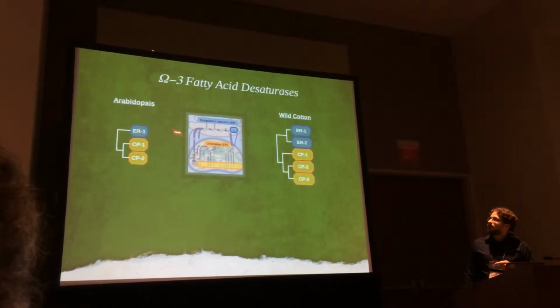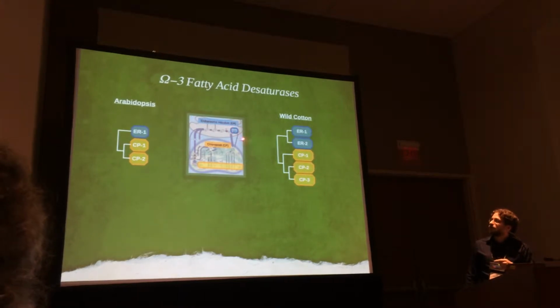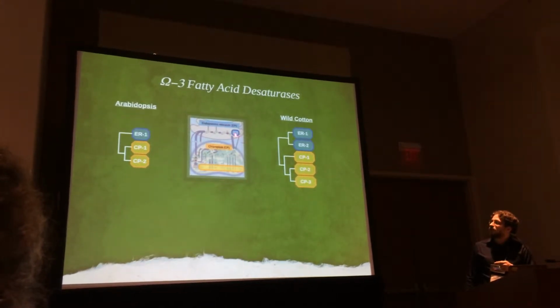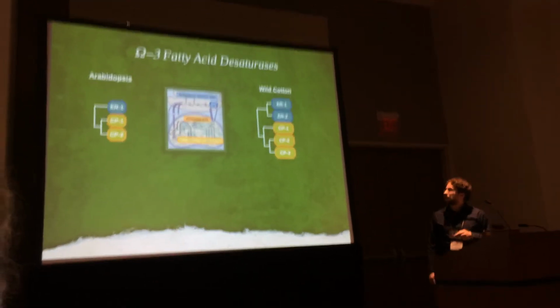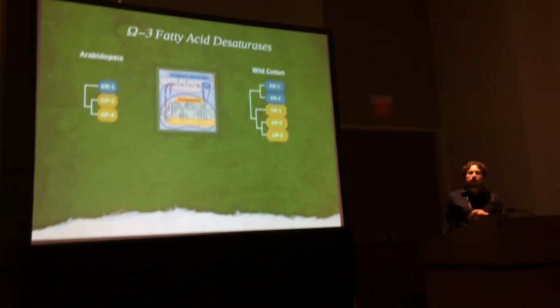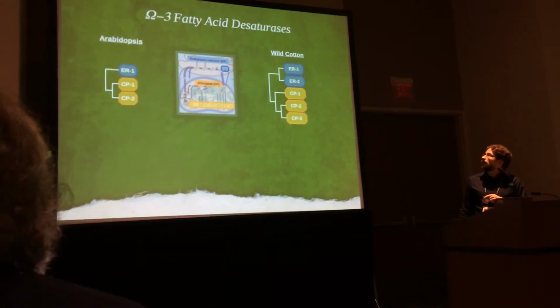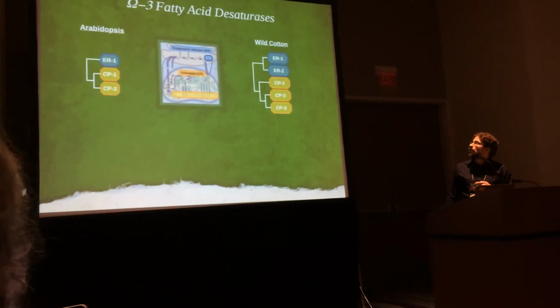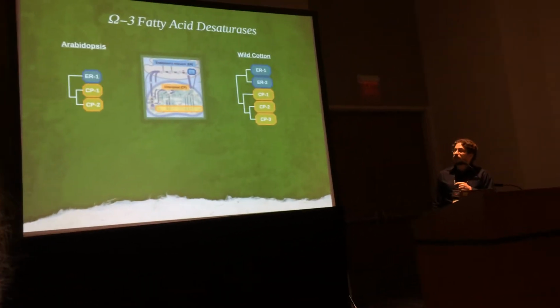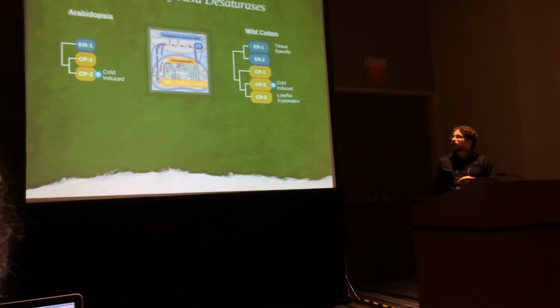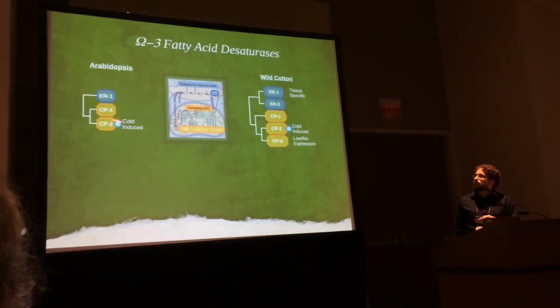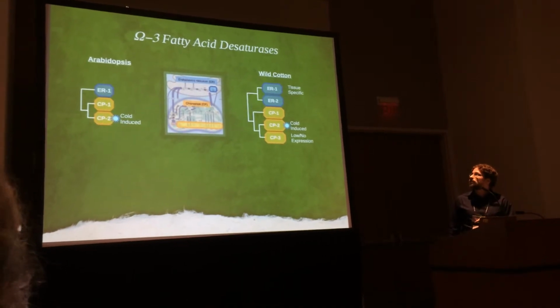It's been found that there is one copy of the gene encoding this enzyme for the ER and two copies of the gene encoding the enzyme in the chloroplast. A recent study characterized this pathway in cotton and found two copies of the ER-targeted one and three copies of the chloroplast one. Functional analysis shows that one of these two copies in Arabidopsis is cold-induced.